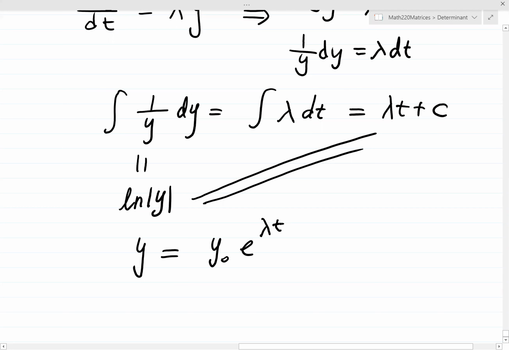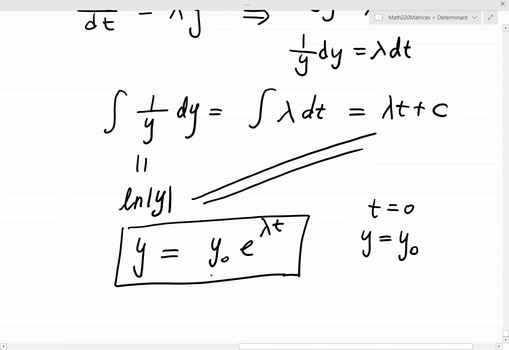When you take into consideration this constant c, you plug in t equal to 0, so y equals y0, since e to the 0 is 1. So the solution is this.